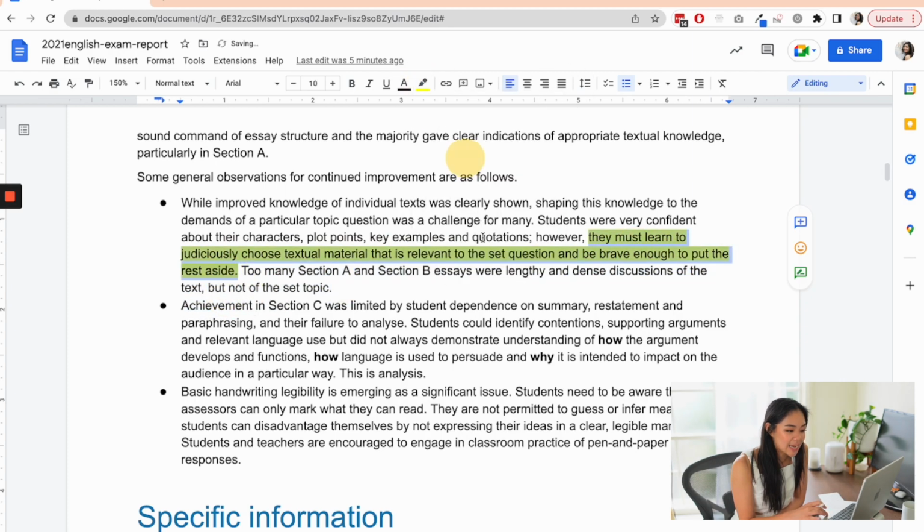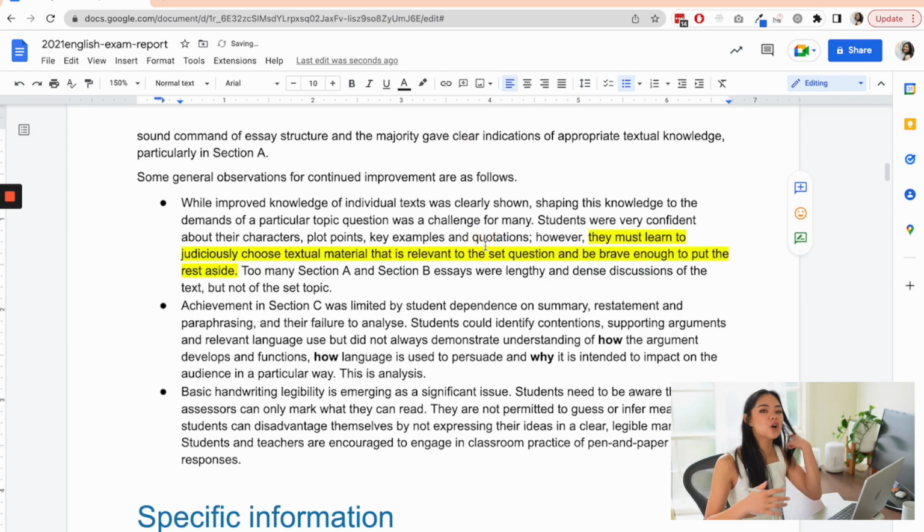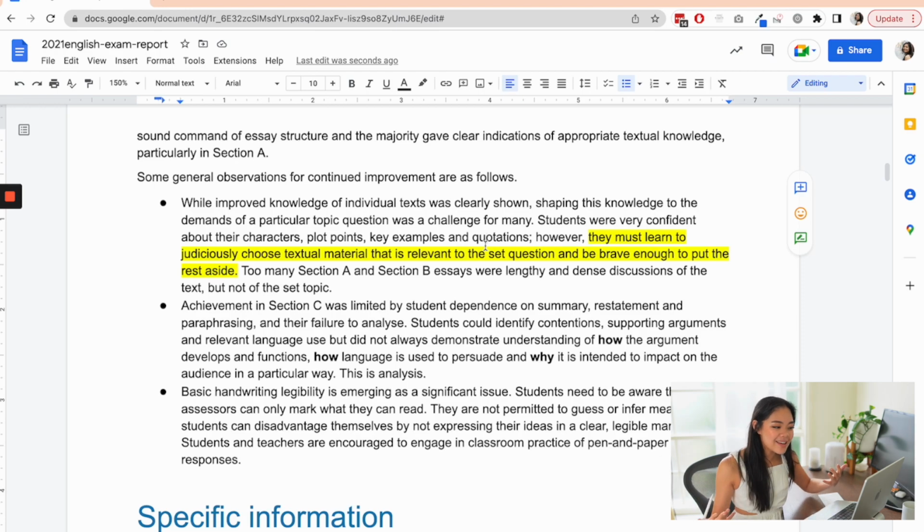So what this indicates to me is that because you are practicing your essay writing ahead of the exam, the trap that a lot of people fall into is that they get really comfortable with specific examples they want to use. And so when it comes to the exam, what these students will do is they will sometimes just force and make those examples work, even if the prompt doesn't really relate to it, even if it's not necessarily the best example for that prompt.